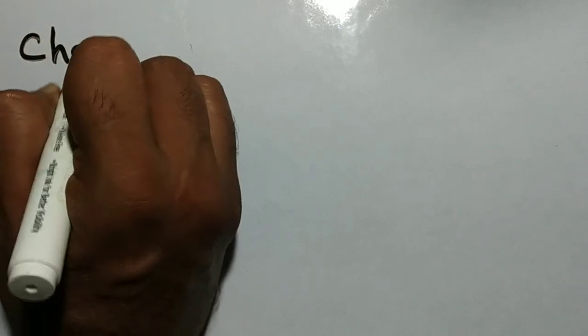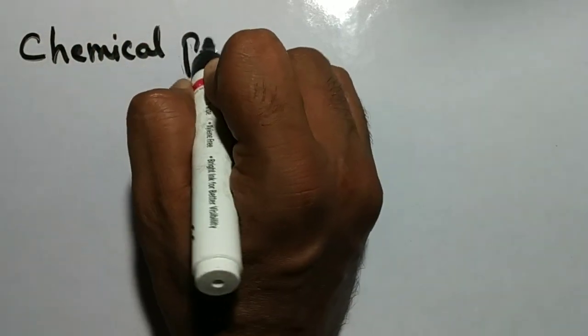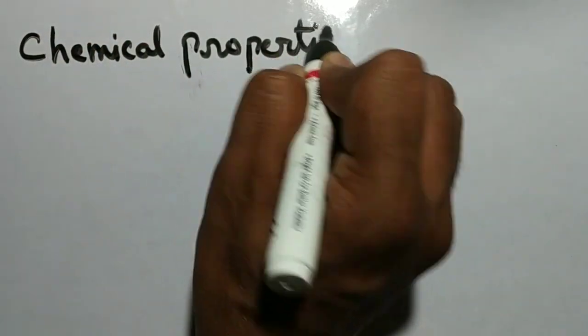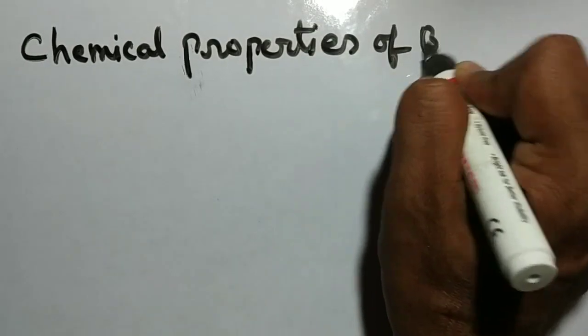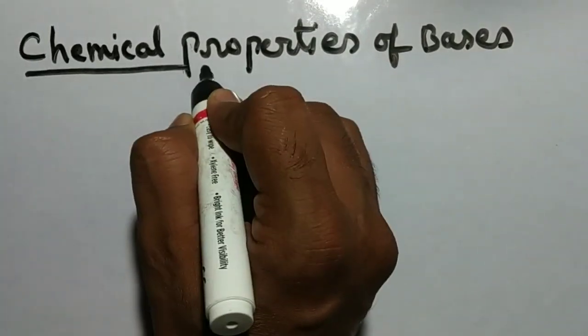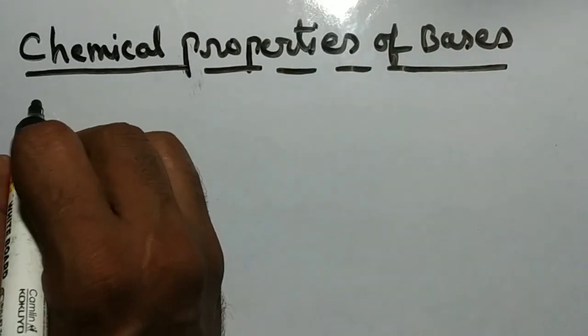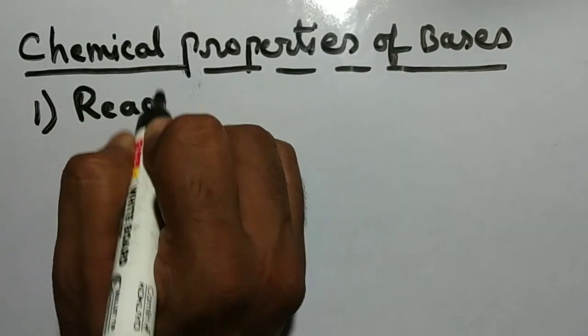Write on the heading, chemical properties of bases. When I am talking about the chemical properties of bases, we will consider the reaction with metals.